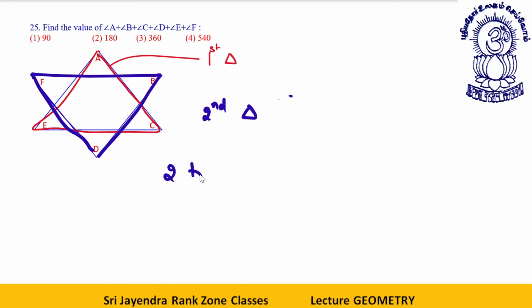So we have two triangles. When we have two triangles, what will be the sum? 2 into 180 degree, that is 360 degree. I'm sure it must be clear now to everyone. Okay.